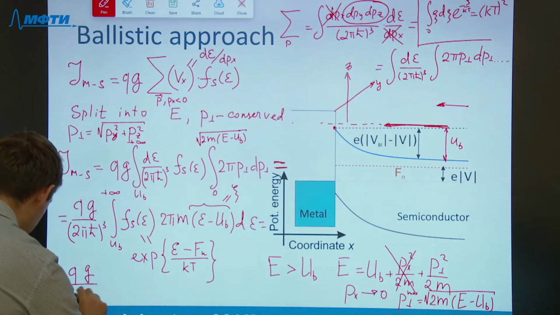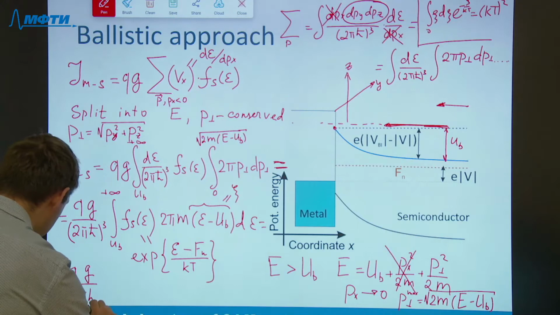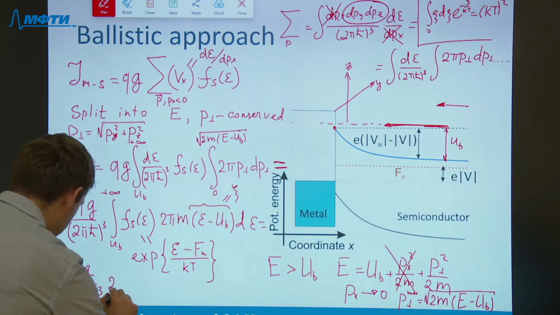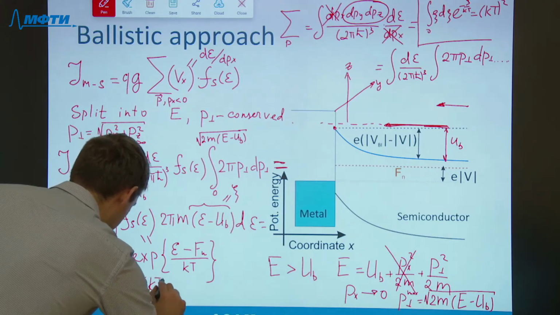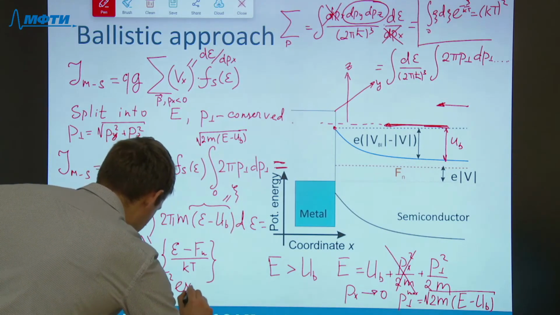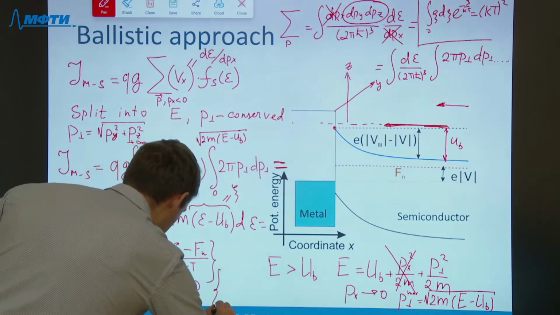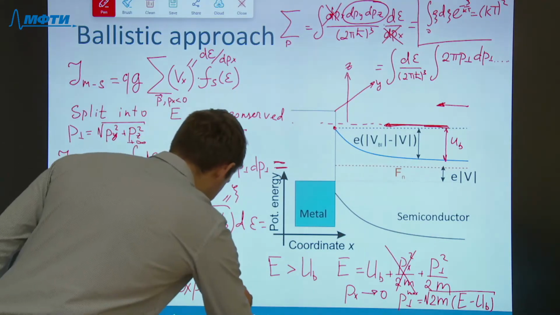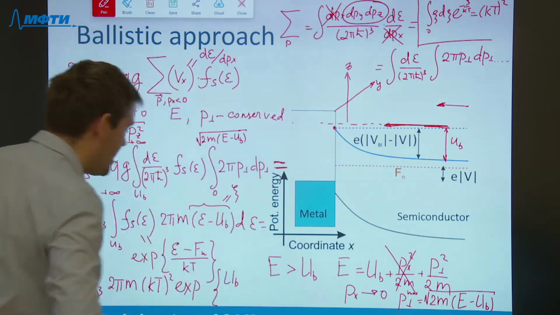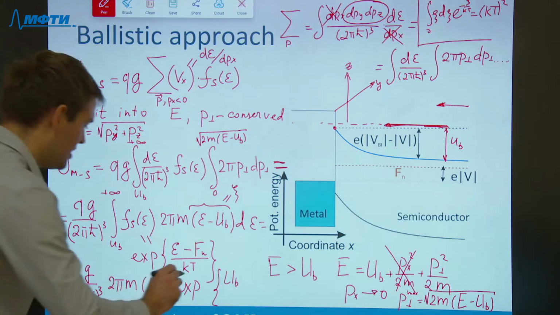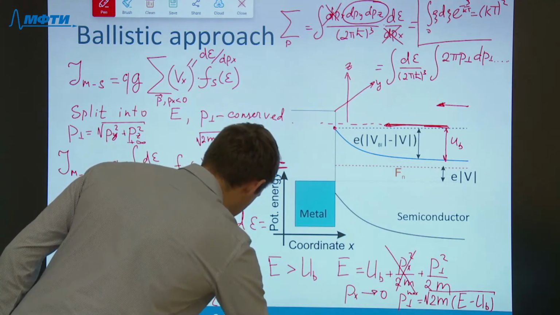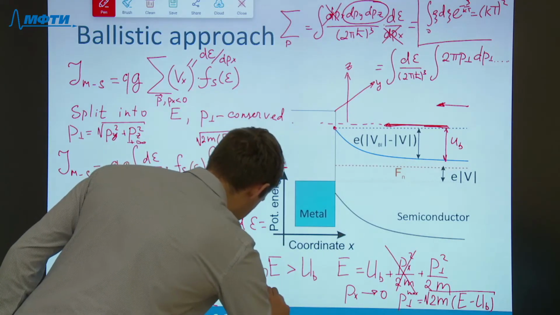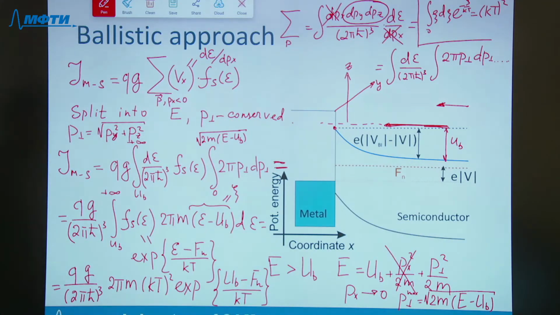qg divided by 2ph cubed, 2 pi m kT squared, multiplied by the exponent of the barrier energy minus Fermi level divided by kT.